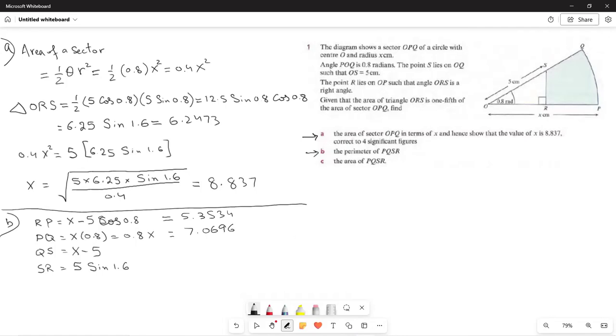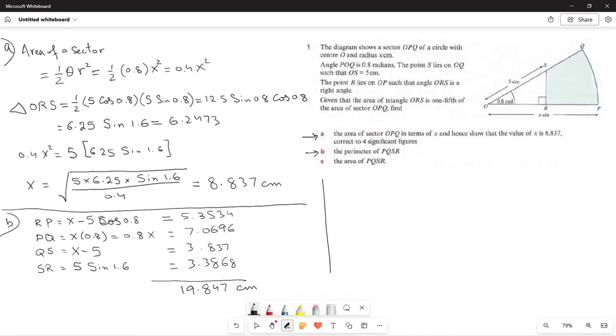Similarly, QS is going to be 3.837, and finally SR, which is 5 times sine of 1.6, is 3.3868. When you add them all together, you get the perimeter, which is 19.847 centimeters. This is part B.